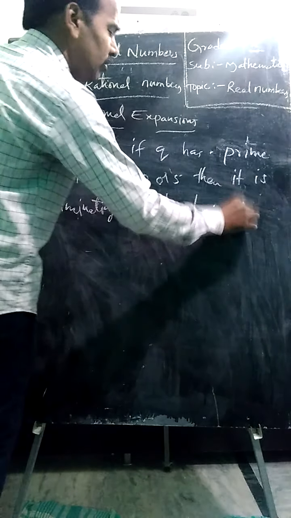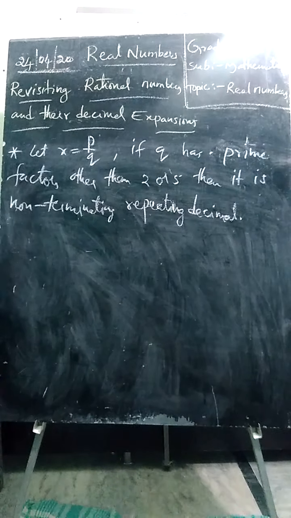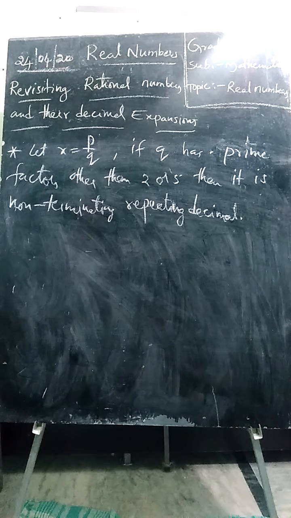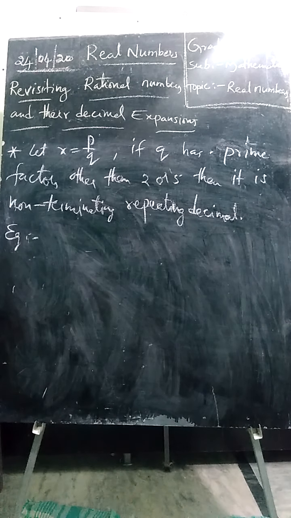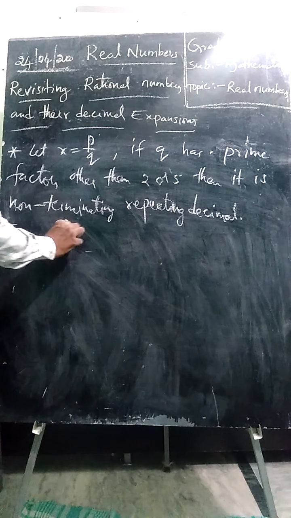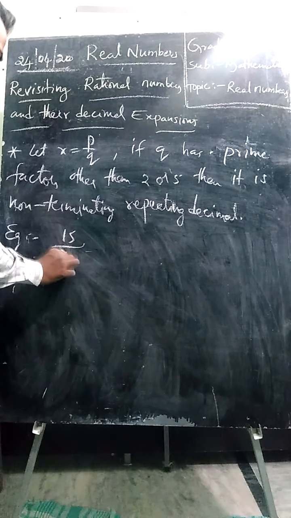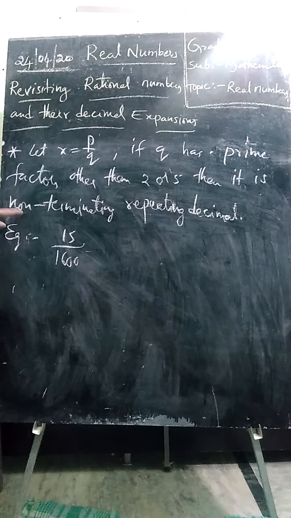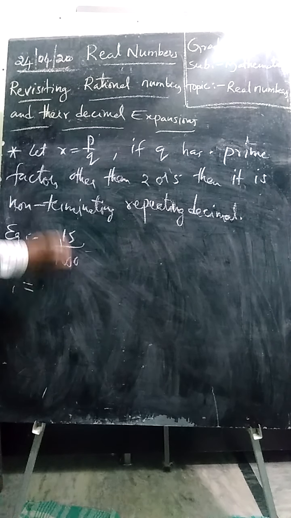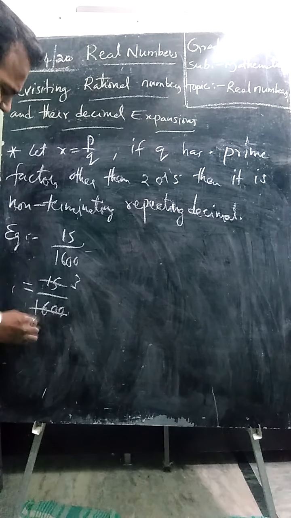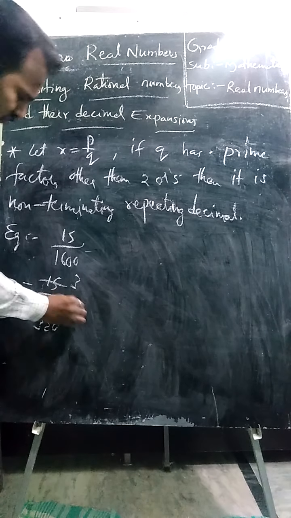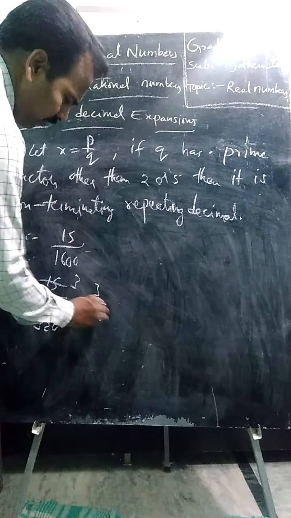And one more thing students, we should apply this rule only if the fraction is in lowest form, or both are co-primes. For suppose, let me take 15 by 1600. To check whether it is non-terminating or not, we should not apply the rule directly. First write the lowest form, because these two have common factor 5. 5 threes are 15, 5 twos are... 320. So 3 by 320.